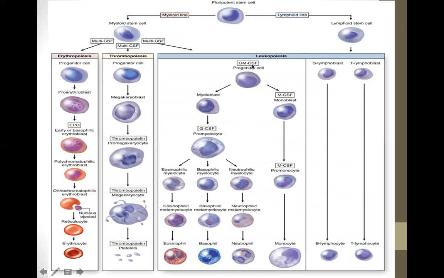The GM-CSF is the granulocyte monocyte colony stimulating factor. So, syempre, kapag granulocyte, galing siya sa myeloblast with granulocyte colony stimulating factor. Kapag monocyte, monocyte colony stimulating factor at konti lang siya. Monoblast, promonocyte, and then monocyte. Okay?